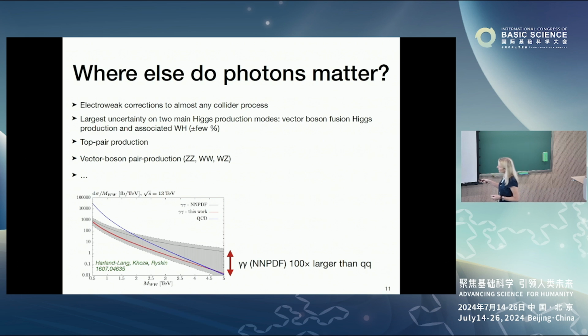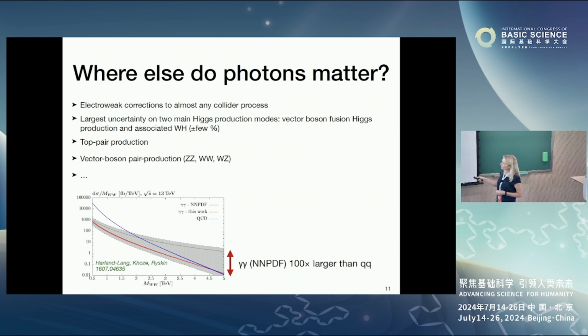At the time, this large uncertainty on the photon PDF was the largest uncertainty on two main Higgs production modes, vector boson fusion and associated Higgs production. We are talking about a few percent. I will show some numbers later, but this was really a dominant uncertainty.